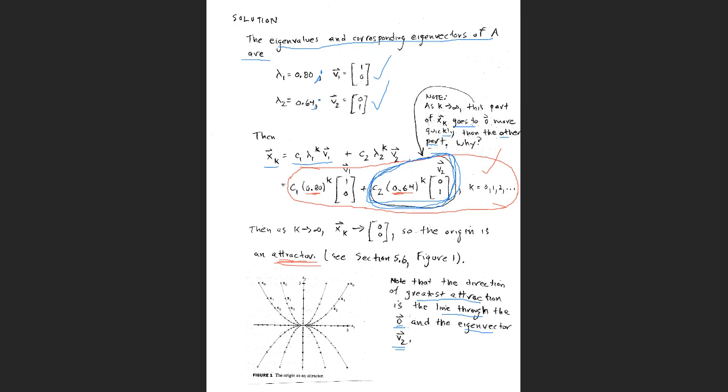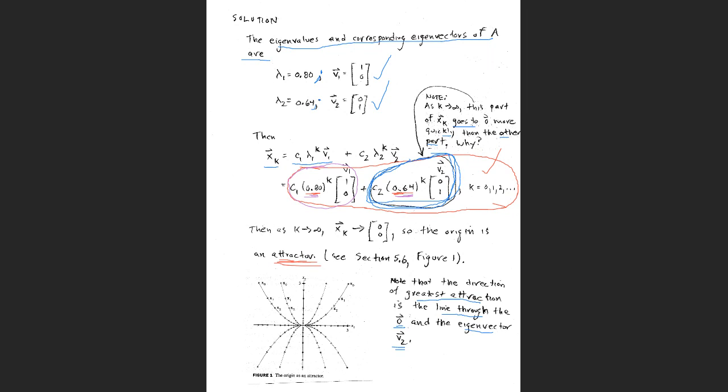So I want to say this in a very fundamental way. You have two parts of x sub k here. The first part with eigenvalue 0.80 and the second part with eigenvalue 0.64. As k gets large, both of these parts of the x sub k approach the (0, 0) vector. They pull x sub k into the origin.